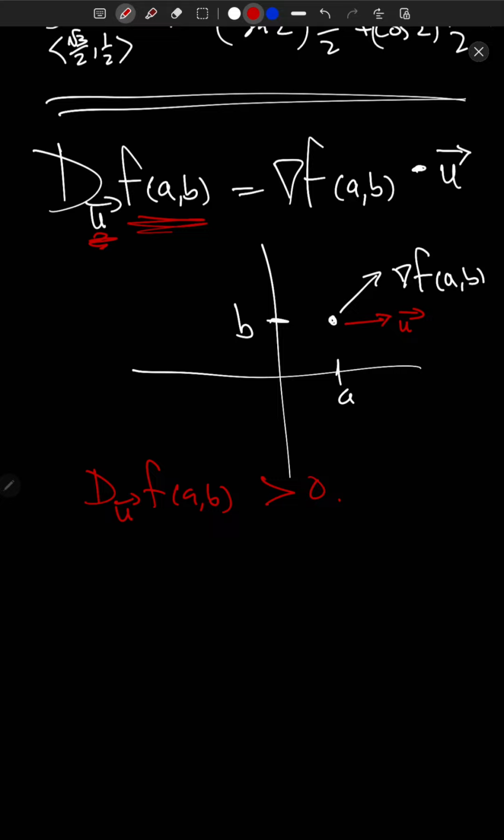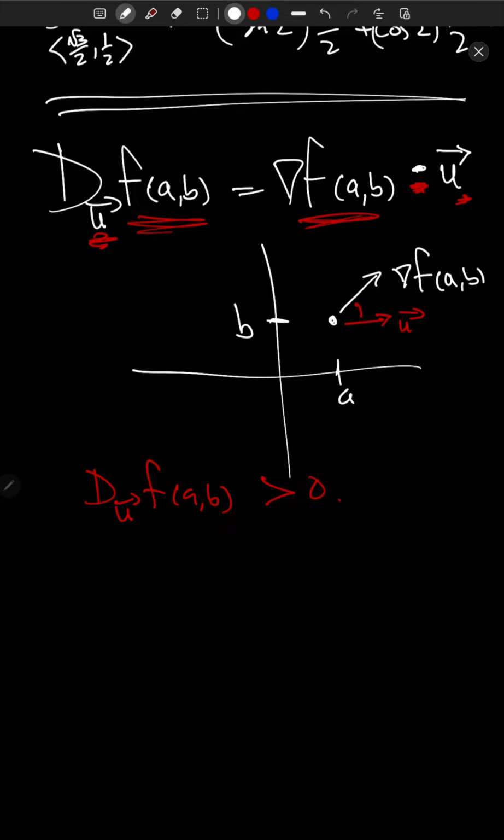All right. Why is that? Well, the directional derivative is the dot product, right, of the gradient f and u, right? So if you have two vectors where the angle between them is less than 90 degrees, then the dot product is going to be positive, right?